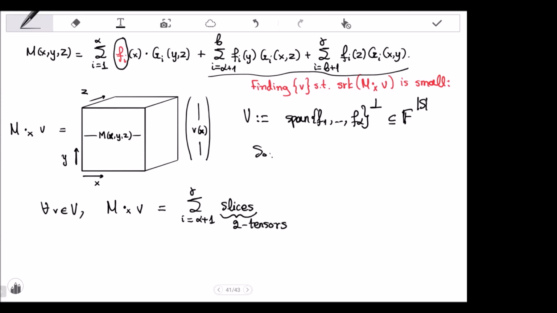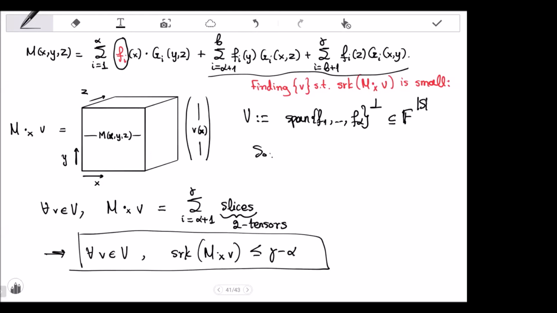Which means that the slice rank, the smallest number of slices I need to write this as a sum of slices, is at most gamma minus alpha. So for any V in this orthogonal complement, the slice rank after testing is small. It's at most gamma minus alpha.